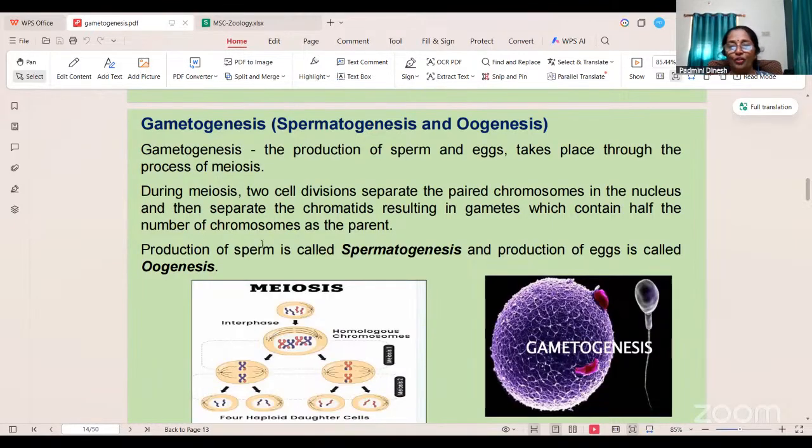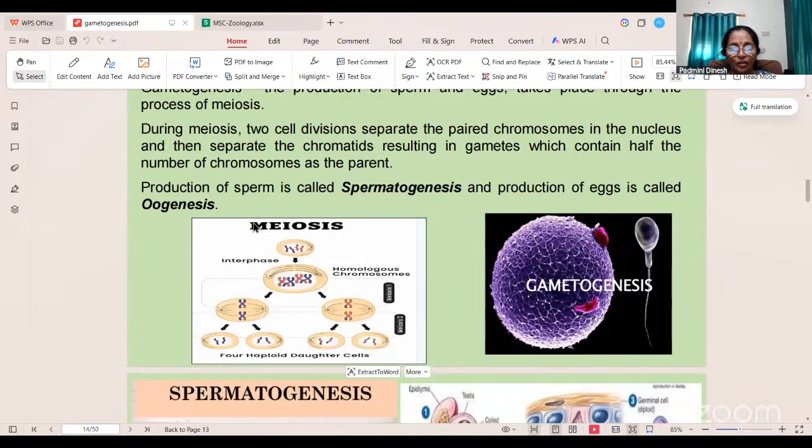So how are these produced? That is what we are going to talk about. In this picture, during meiosis, in the interphase stage, the homologous chromosomes pair, that is prophase one, with the different stages I talked about, leptotene, zygotene, and so on. This undergoes meiosis 1, reducing the chromosomes to a haploid number.